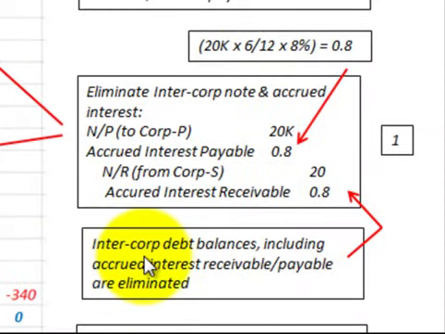So what we've done is we've eliminated our intercorporation debt, those balances, including the accrued interest receivable and payable. So the note, or the debt, has been eliminated, as well as any interest receivable or interest payable.